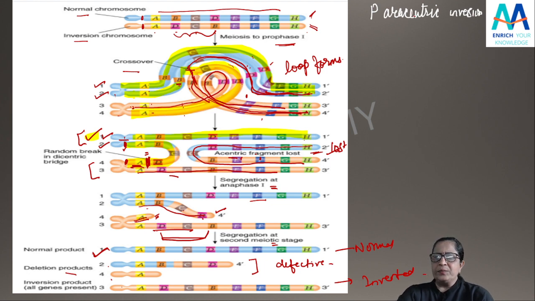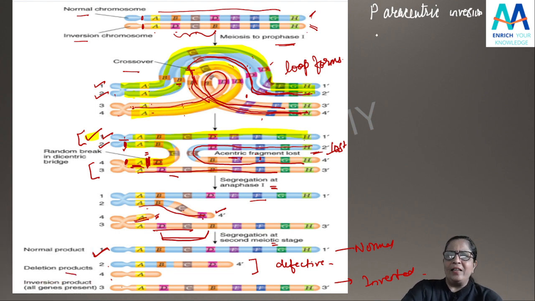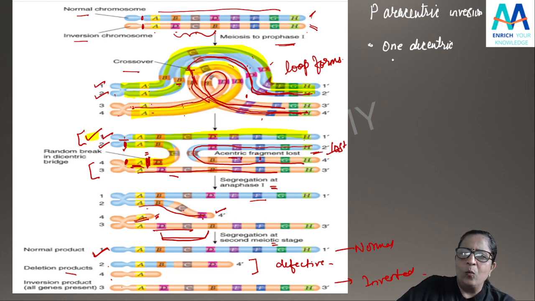समझ में आया? So in a paracentric inversion, what we have seen in a paracentric inversion, we have seen that there will be one dicentric. ये आपको पूछते हैं एग्जाम में. Yes, one acentric fragment is going to form. This acentric fragment is lost.